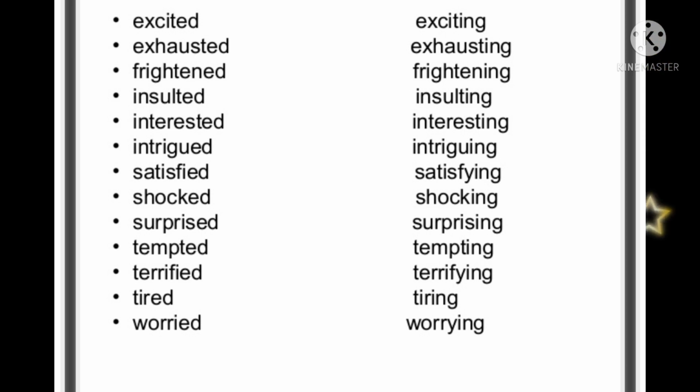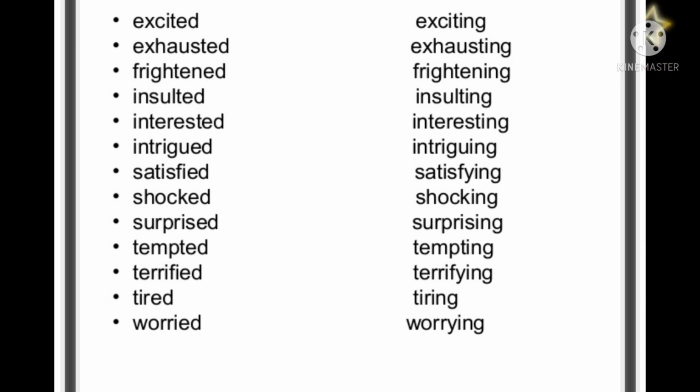More examples are given here: excited, exhausted, frightened, insulted, interested, intrigued, satisfied, shocked, surprised, tempted, terrified, tired, worried, and all their -ing forms. How will it be used, children? I'm excited, as a complement.